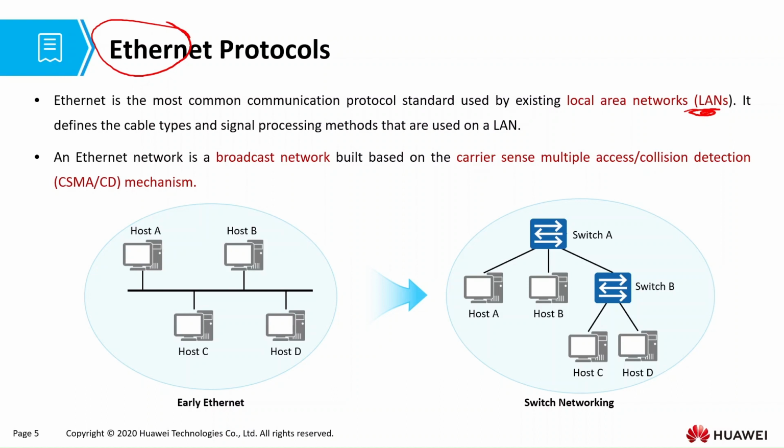Whenever I receive a packet from host A, I will broadcast it to host B, host C, and host D. That is why Ethernet is a broadcast network built on the CSMA/CD mechanism.